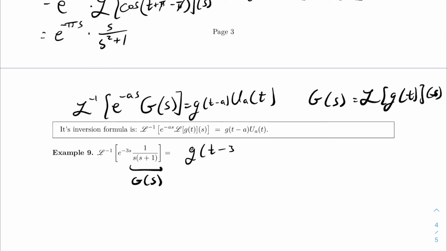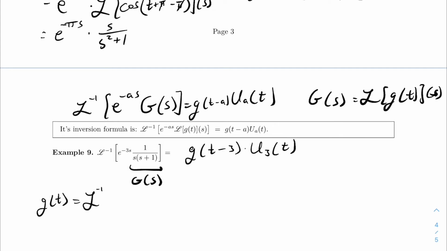So this is t minus 3, times u_3 of t. So that's just what this is equal to. And now what we need to figure out is what this little g is. If we figure out little g of t, then we'll be done. So little g of t is just the inverse Laplace of 1 over s times (s plus 1).